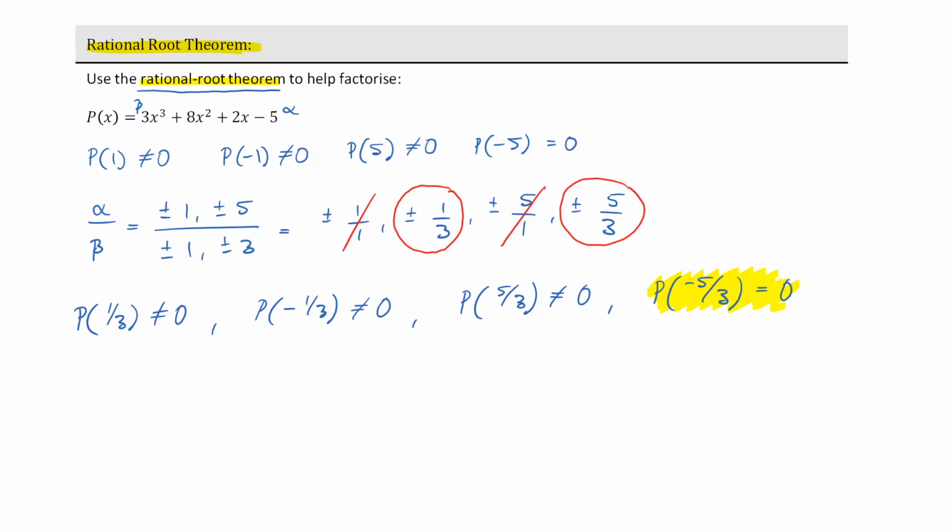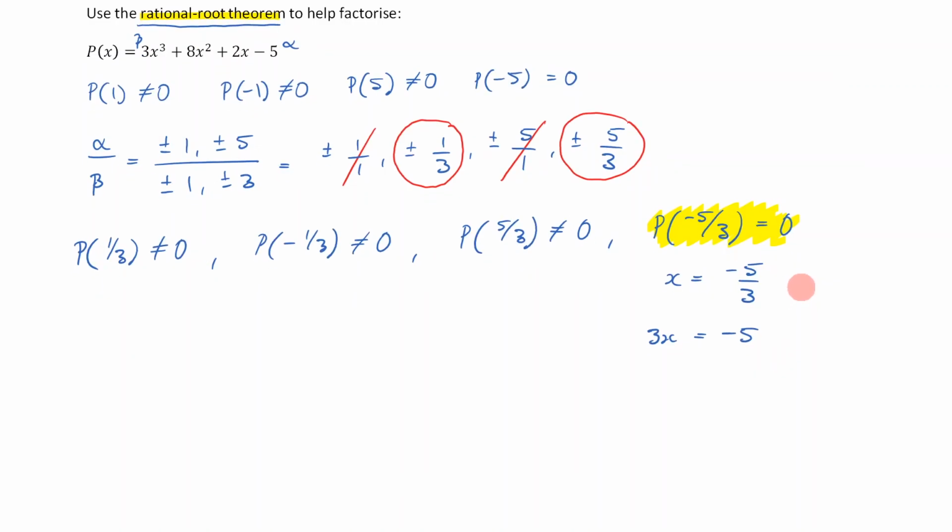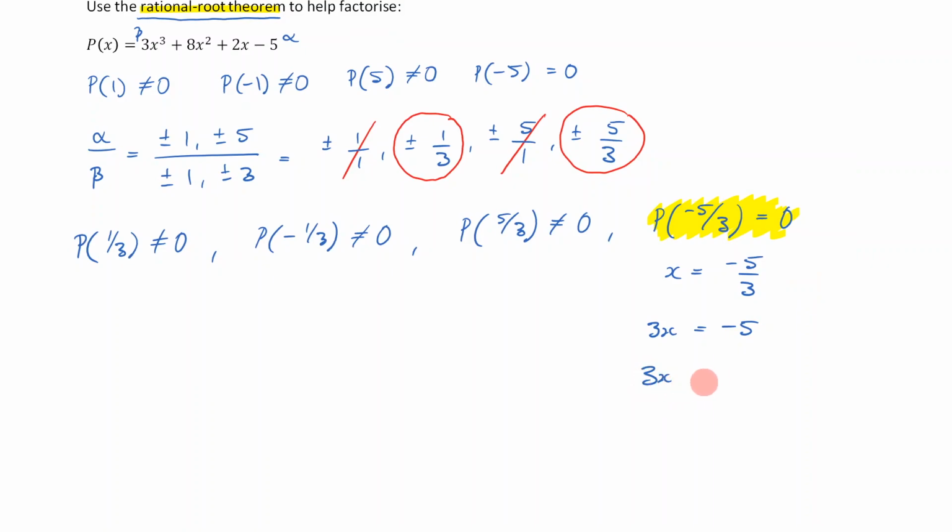So that means that our factor is going to be, now this is where you have to be careful. It's going to be, now let's write this out. It's going to be x is minus 5 on 3. So I would go 3x equals minus 5. And then I would go 3x plus 5 is equal to 0.